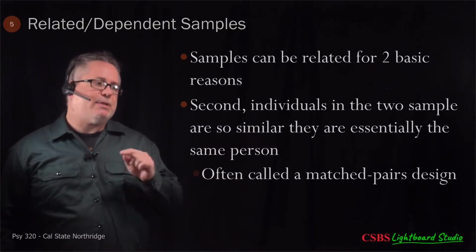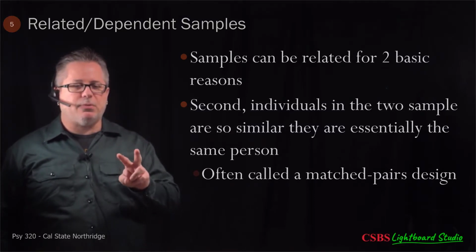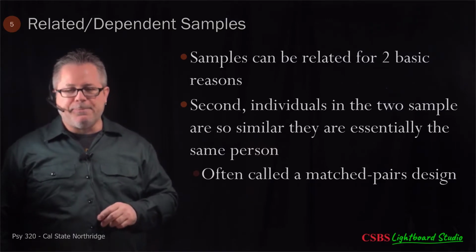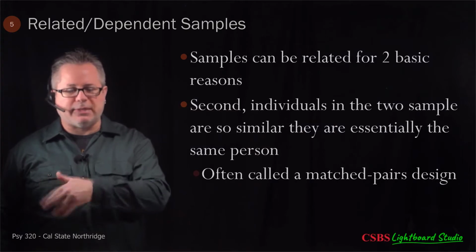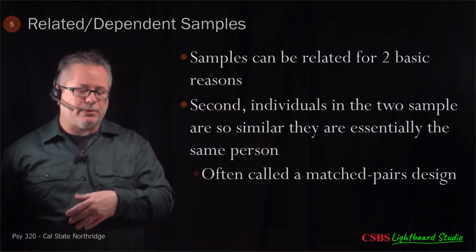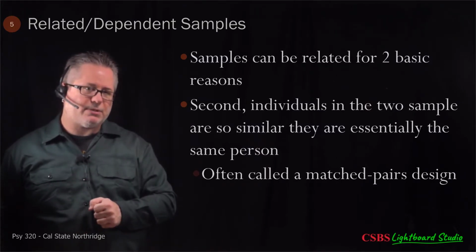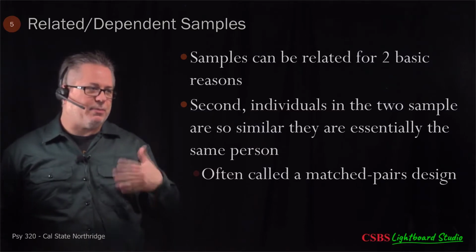Then any two people that are a match, we're essentially going to treat as if the response is coming from the same person, where one member of that match is given a treatment, a drug, or we do something to them that is the treatment we're testing, and the other half of the pair does not get it. They're the control.